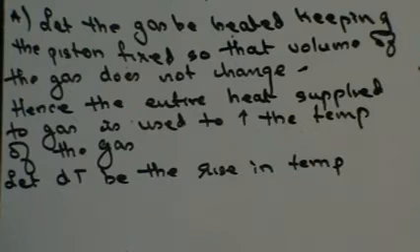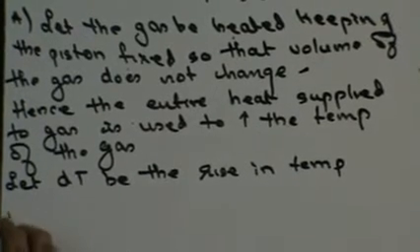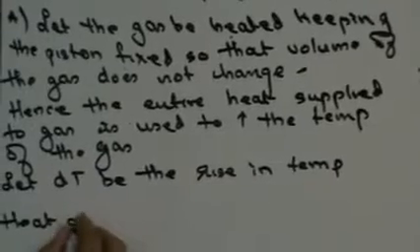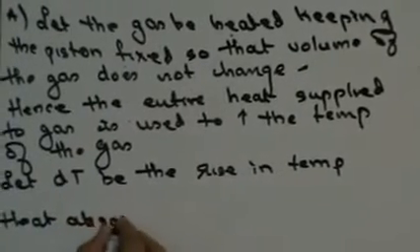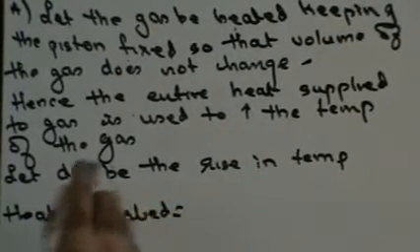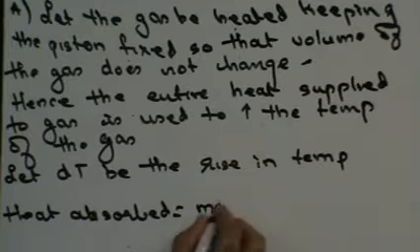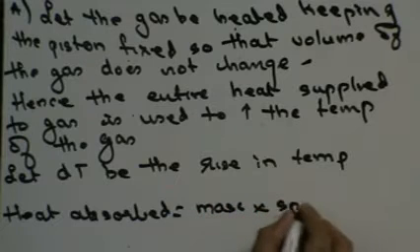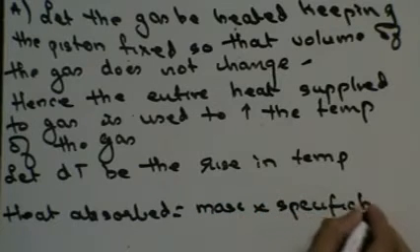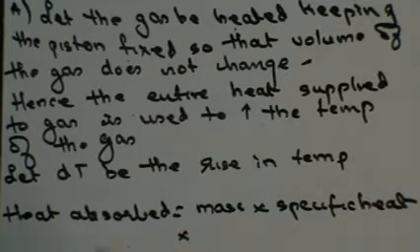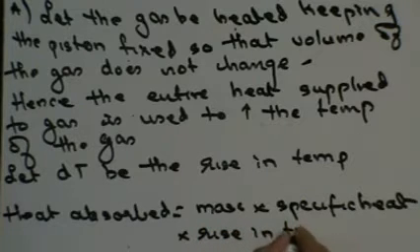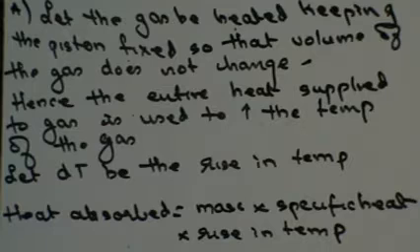If dT is the rise in temperature, then I can say that the quantity of heat absorbed is going to be mass into specific heat into rise in temperature. Right? Heat absorbed H is equal to mass.